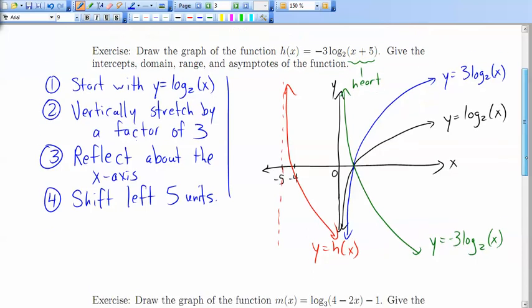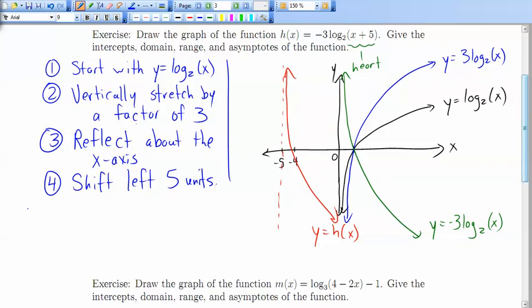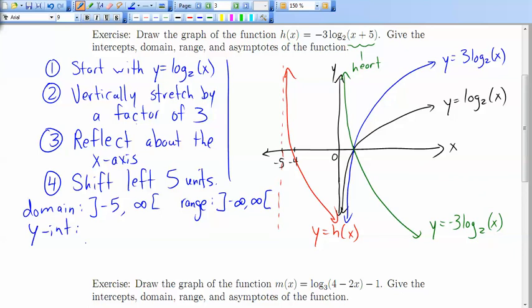So now we just need to report on the attributes there. The domain would be all real numbers greater than -5. The range would be all real numbers. The y-intercept, we'll see that red graph heads down below.